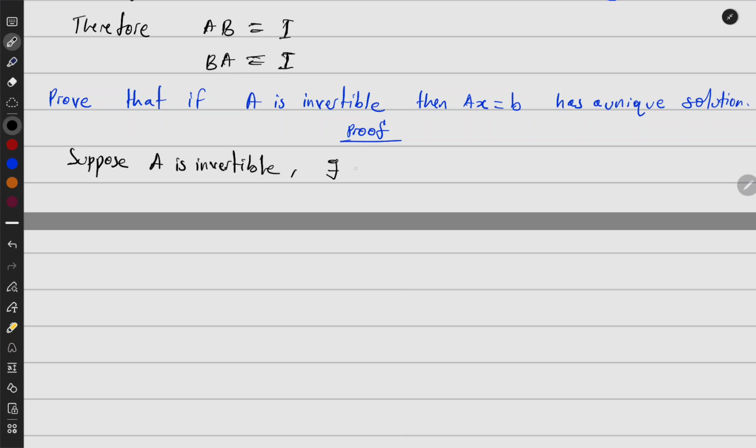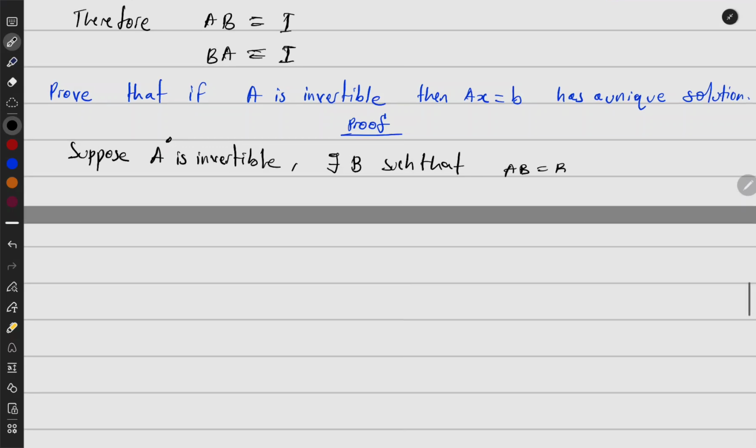This implies that there exists a B, which is also in Rn, in the same space as A, such that AB equals BA equals I. So for my AX equals B, I can take the inverse, so that X equals A inverse of B.